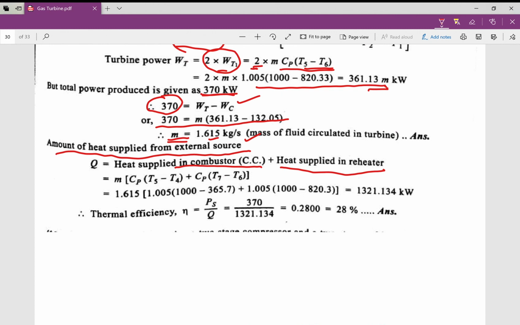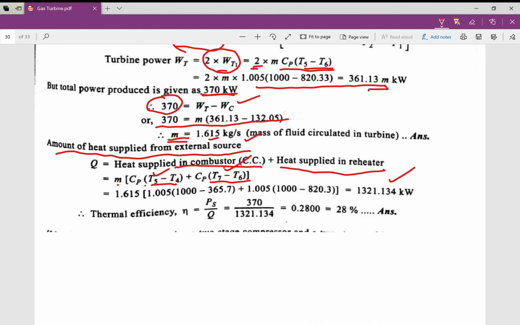So for the combustor, first Cp (T5 minus T4), and for the reheater Cp (T7 minus T6). All values have been calculated. So just put in the data.